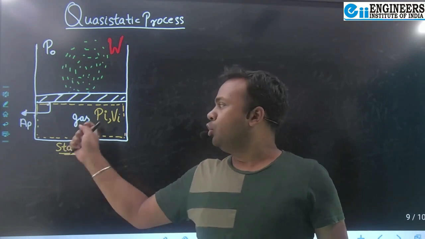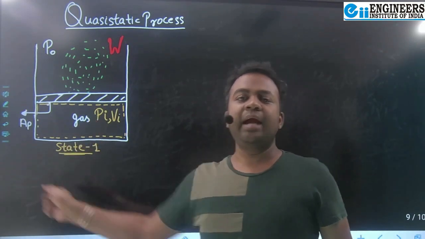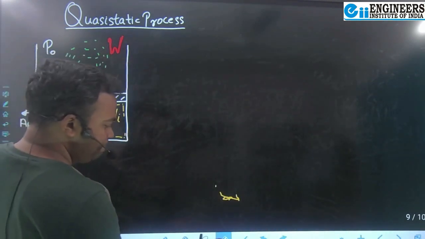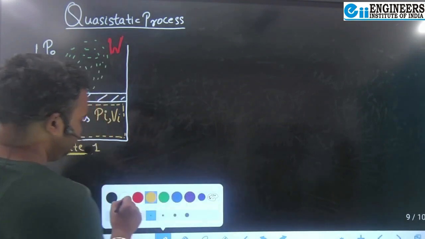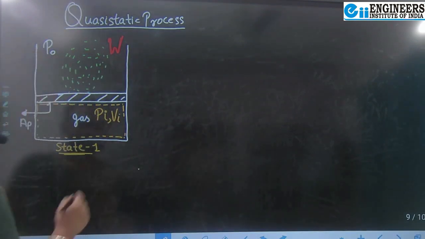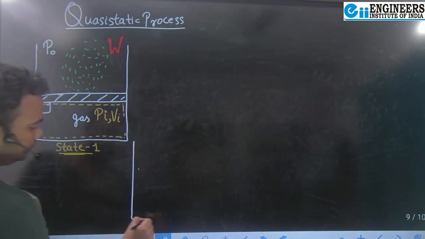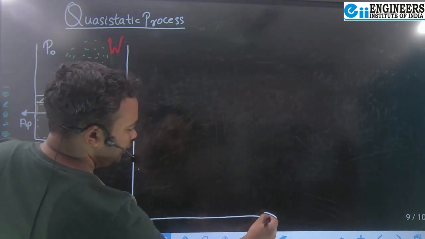Let us plot this state on my property diagram, that is the P-V diagram.